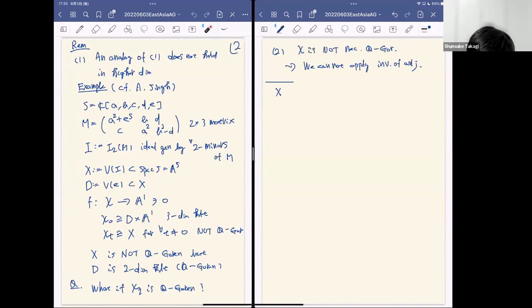So my X is a normal variety over C, and I consider a proper birational morphism with Y normal, and my D is a Weil divisor on X, which is not necessarily Q-Cartier.